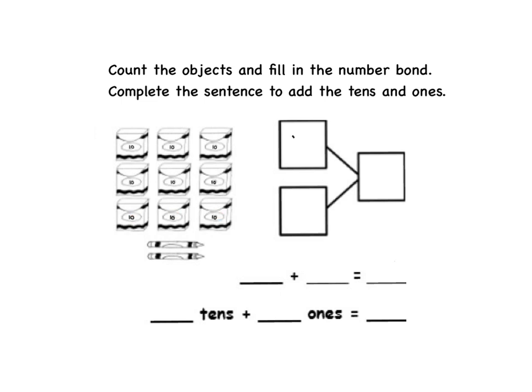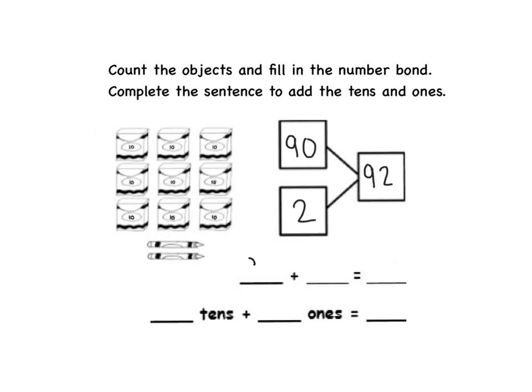So we're going to write 90 because we have 9 bundles of 10 or 9 boxes of crayons. Now let's count our single crayons, just 1, 2. That means we're going to write 2 for our ones. When we put this together, we're going to have 92. We can see how our 9 corresponds with our tens place value since there are 9 boxes of crayons, and our 2 corresponds with our ones place value since there are 2 single crayons.